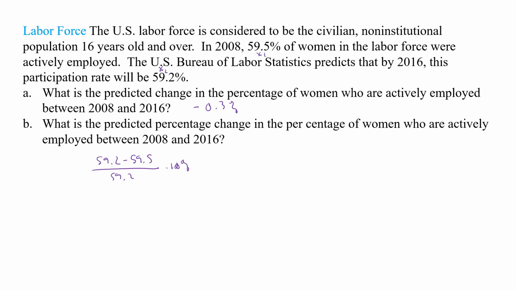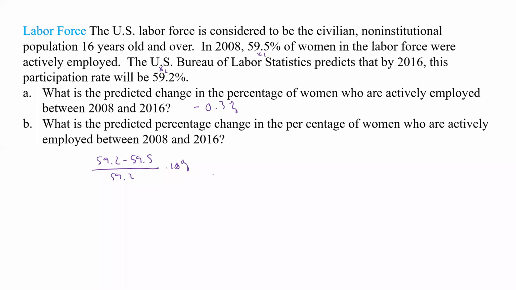And so if we plug that in, that top is going to be a negative 0.3, divided by our 59.5, and then times our 100. That'll give us a negative 0.51%. So it's going to be a 0.51% drop in the percentage of women who are actively employed.